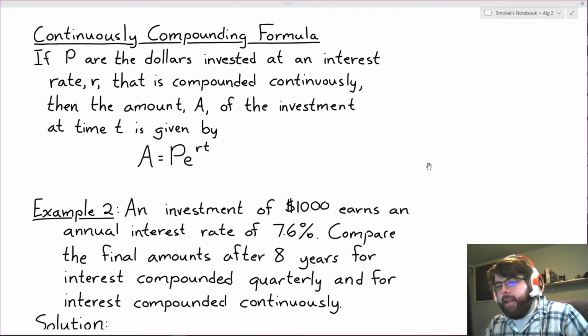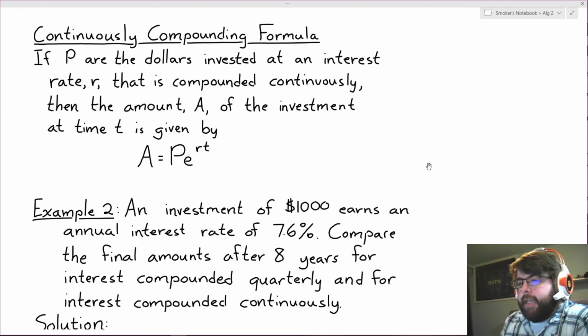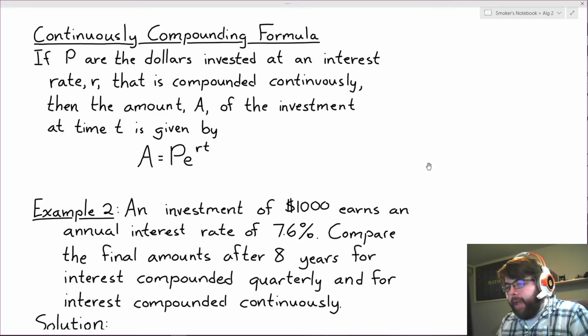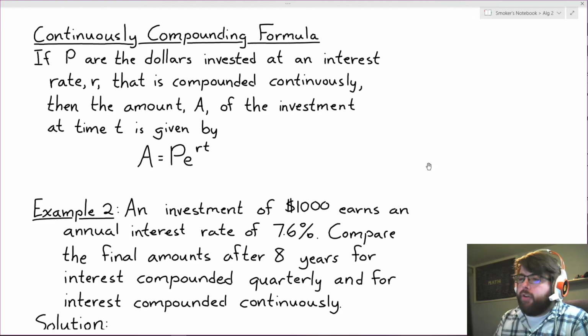But let's just say we had an investment that is continuously compounded, and it's $1,000, and the interest rate is 7.6%. This is a normal interest rate, but instead of being compounded regularly like in a bank account, where they say, okay, this is the end of the month, let's compound your interest and add it to your account, other investments you just buy and sell for more.